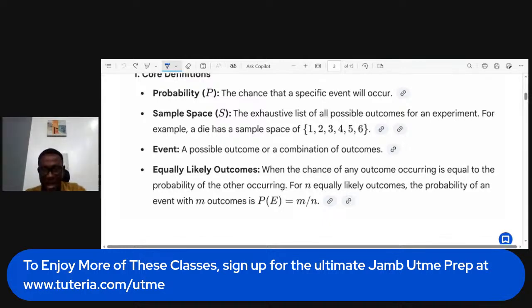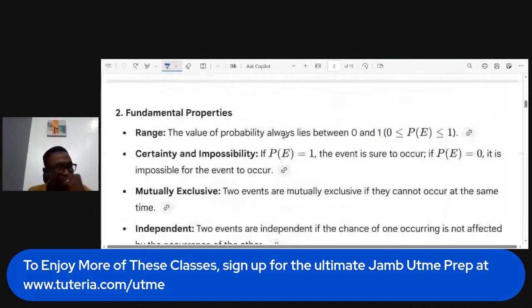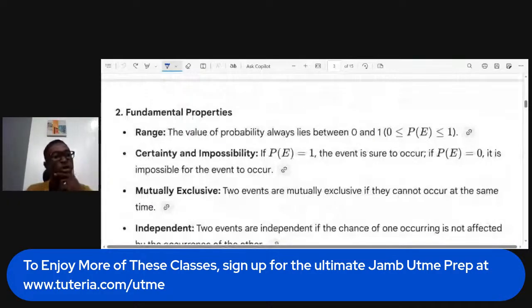So that's the probability of getting head or tail, 1/2. All right, so let's move on because I really want us to solve a lot of questions today. Another thing we'll be talking about, the fundamental properties of probability, is range. When I say range, I'm saying the value of probability always lies between 0 and 1.